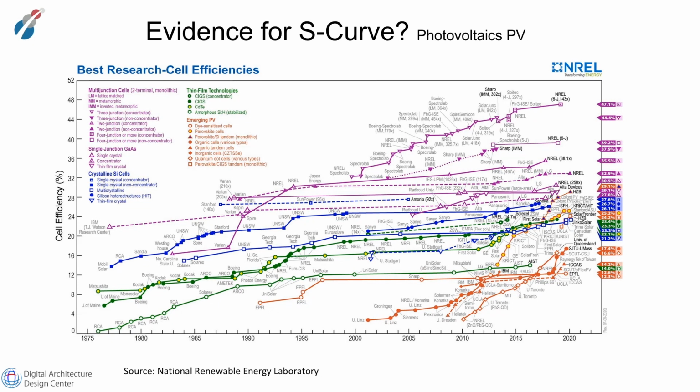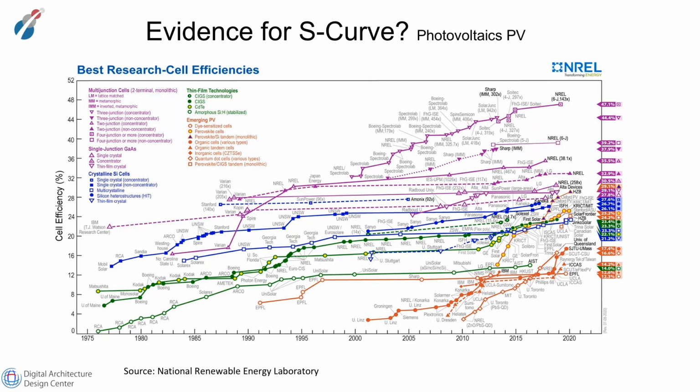The world record, by the way, is 47%, for a 6-junction cell with 143x solar concentration. You will find several Japanese organizations on this chart as well, like Sanyo, for example, on the silicon cells.